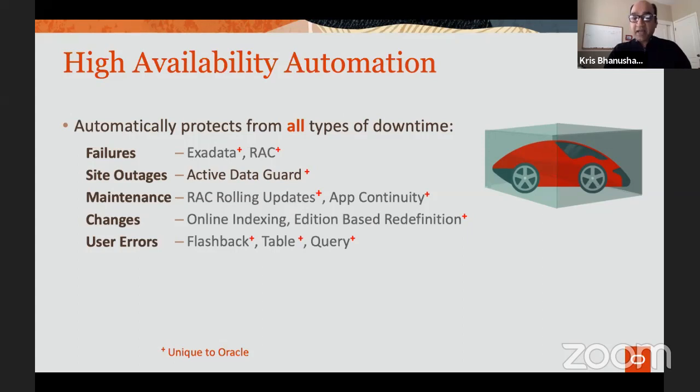Things like flashback are pre-configured and available in the database, right? So even if it's an accidental drop of a table or having to roll back to a point in time, you can do all of that using flashback. So again, all the features of the database that you know of, add to that the automation and the tooling, it comes together to create a highly available service.